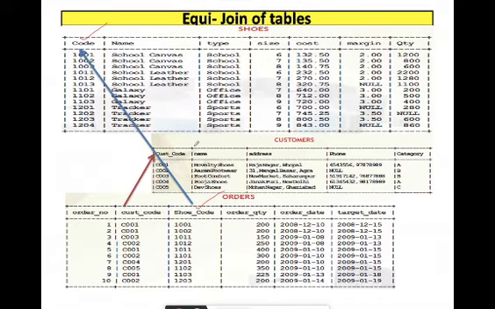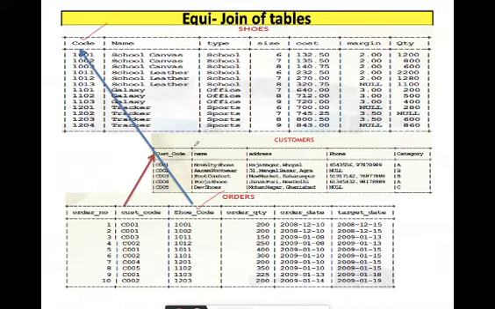So we can relate it to the shoes table by using the shoe code, and we can relate it to the customer table by using the cust code. So common column in customer and order table has the same name, and common column in the shoes and order table has different names. I hope up till here it is clear how to find out the common column.